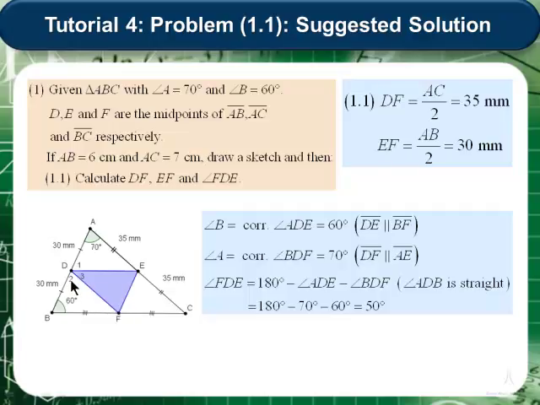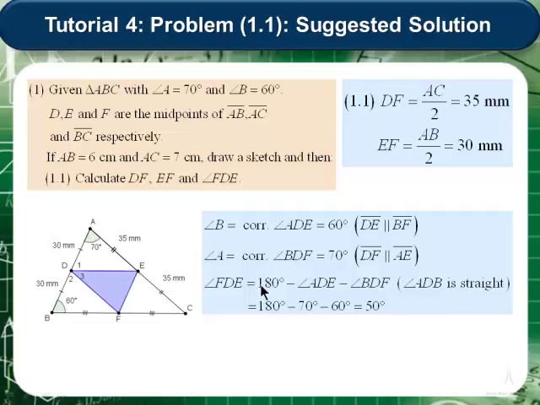So therefore angle 2, which is the same as angle BDF, is correspondingly equal to angle A, and therefore equal to 70 degrees. But the sum of angles 1, 2 and 3 are actually 180 degrees, because angle ADB is a straight angle.